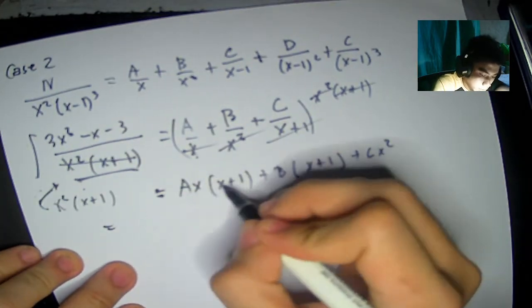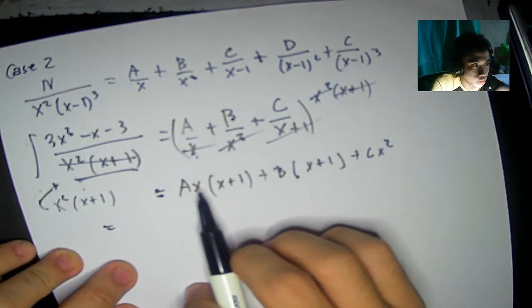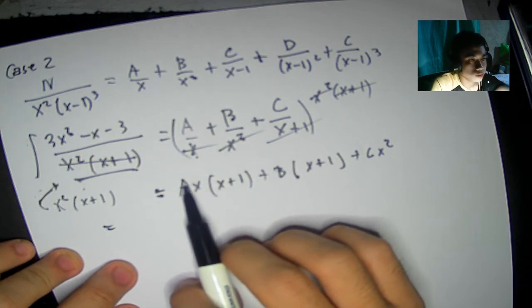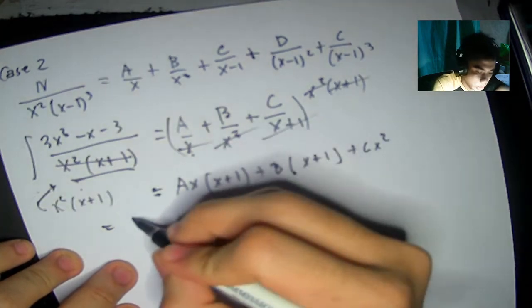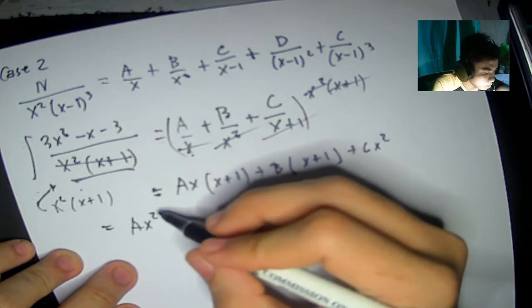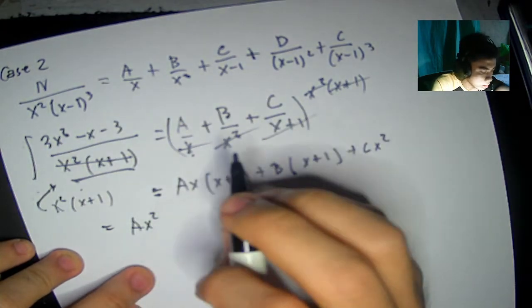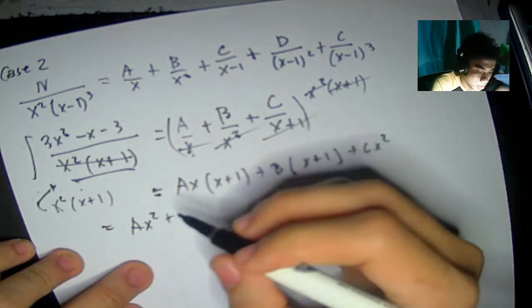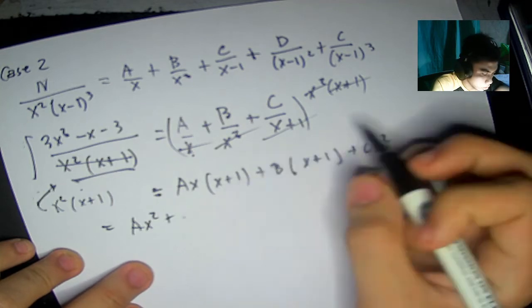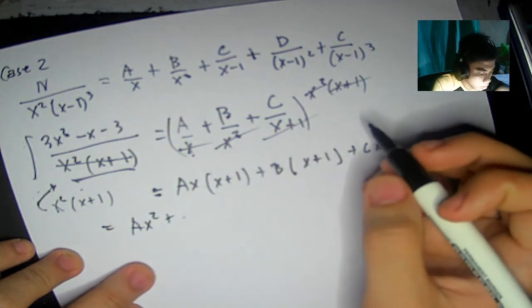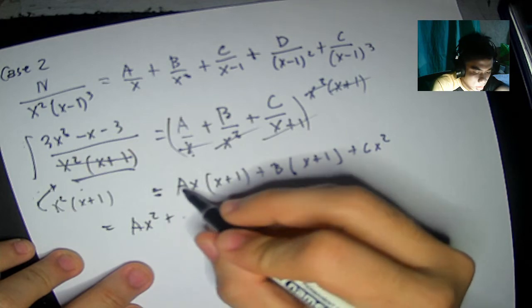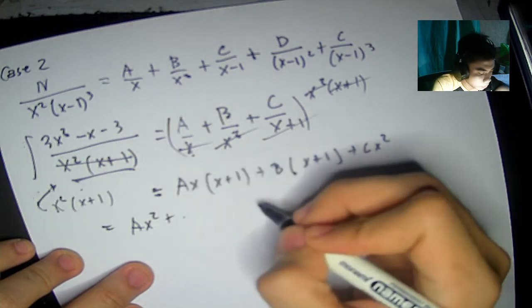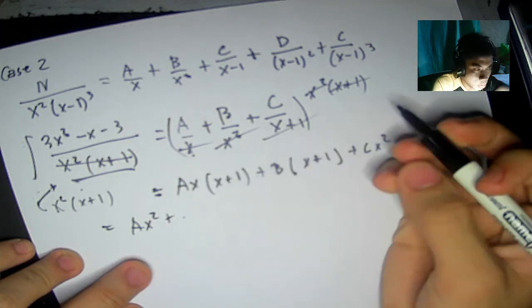A is our numerical coefficient, it's not a variable, so we'll have ax times 1, which is still ax.